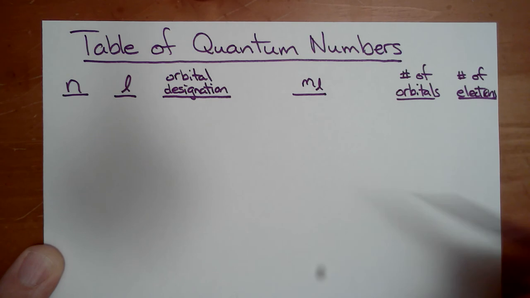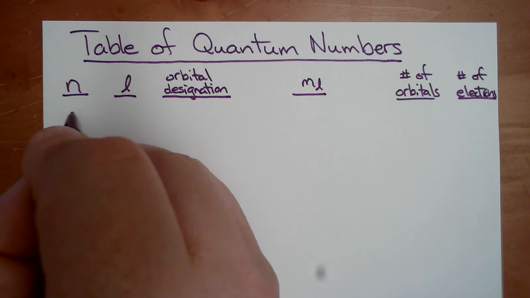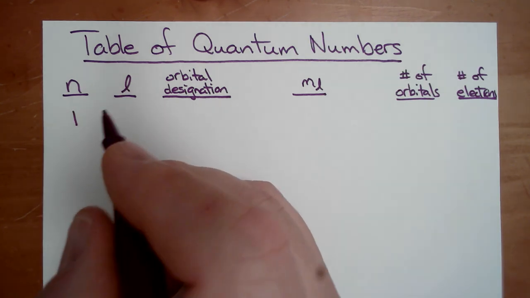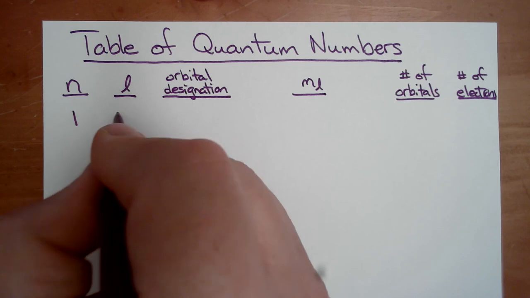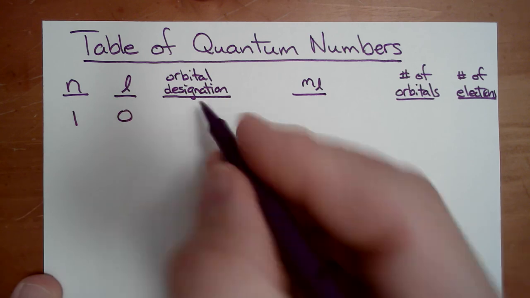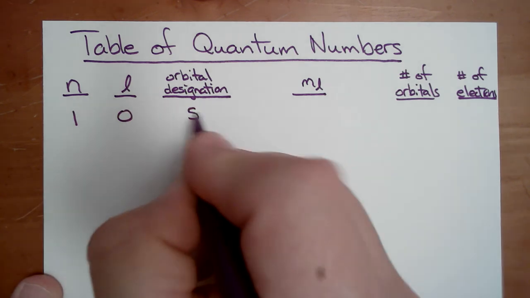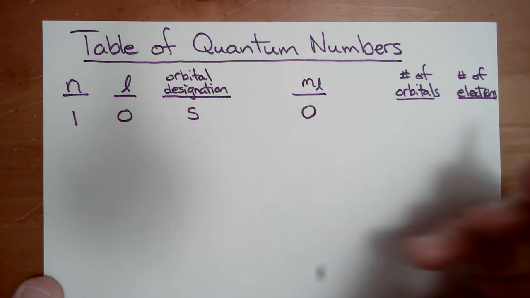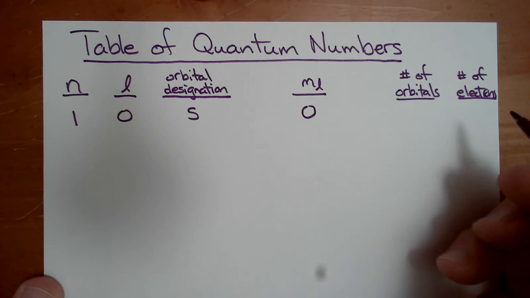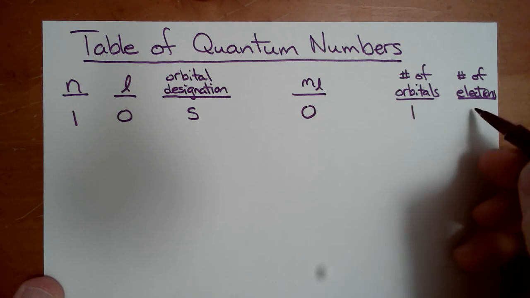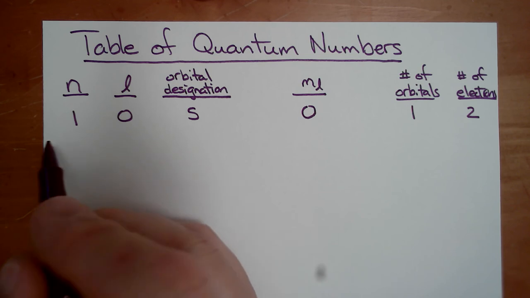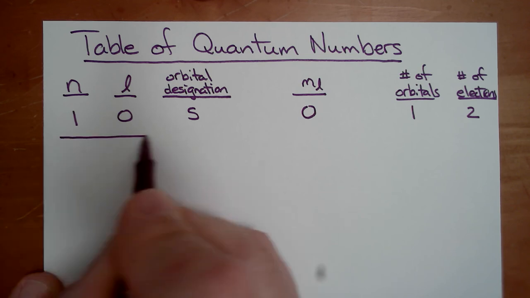Okay, so in energy level 1, the angular momentum quantum number would be 0. That would be an s sublevel. There's only one orbital and it's spherical, so it's 0. So we have one orbital, and that one orbital can hold 2 electrons. So let's look at the next level.